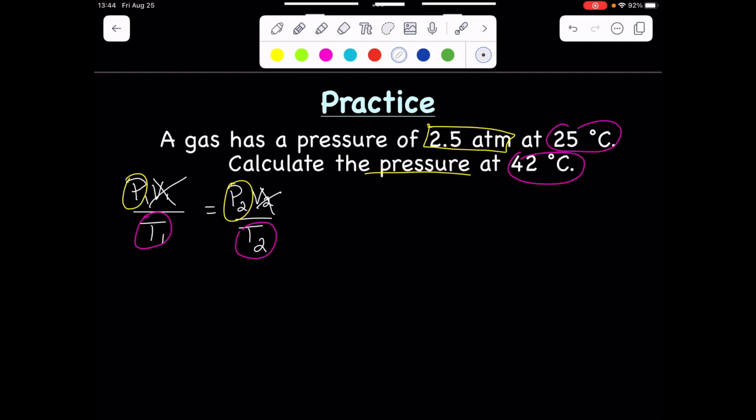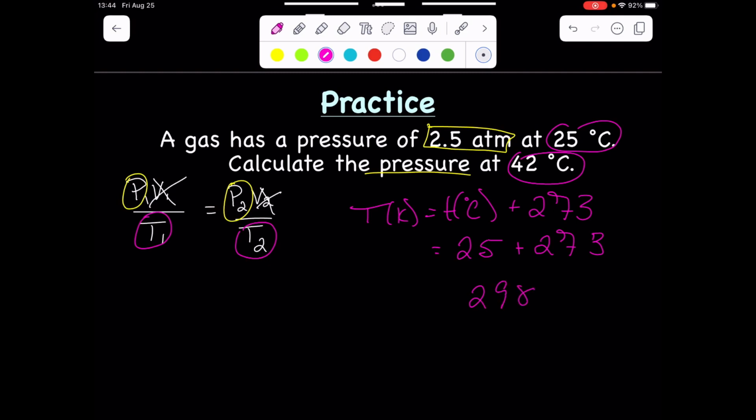Okay, so the very first thing we should do, before we do that, is convert our temperature. Because it's in Celsius, temperature in Kelvin equals temperature in degrees Celsius plus 273. So 25 plus 273 is going to give us a temperature in Kelvin of 298.